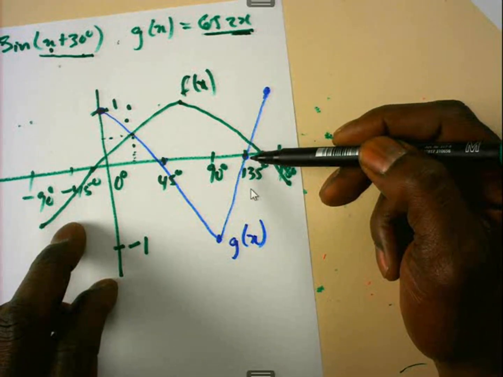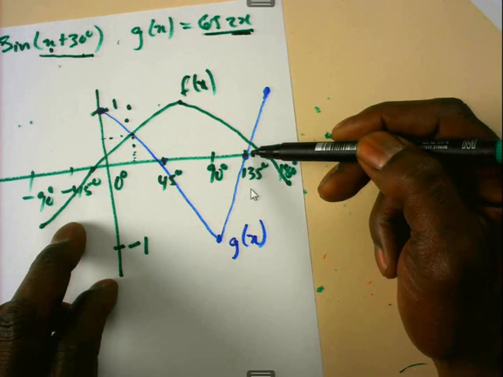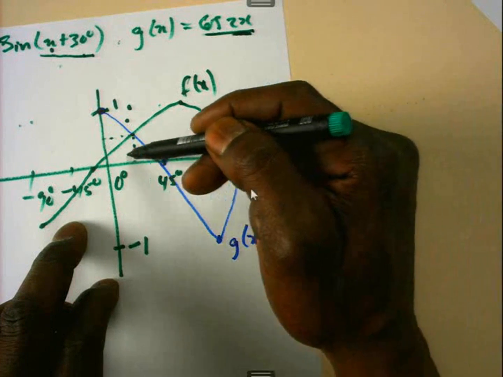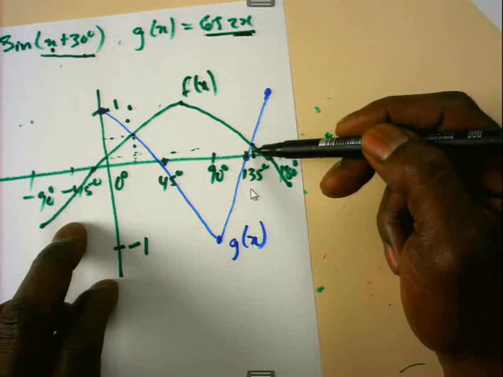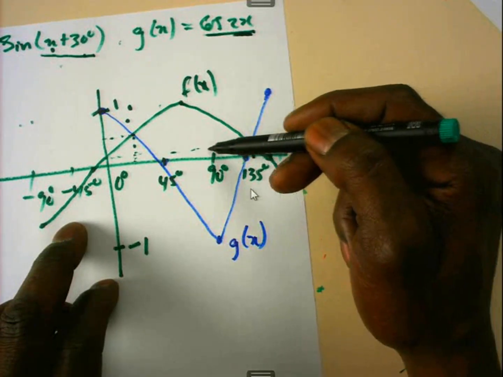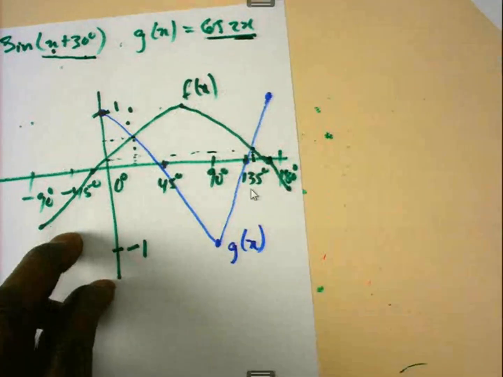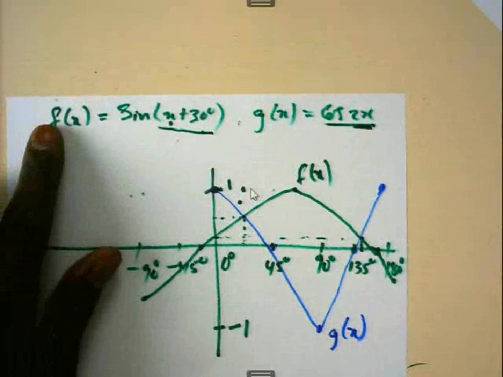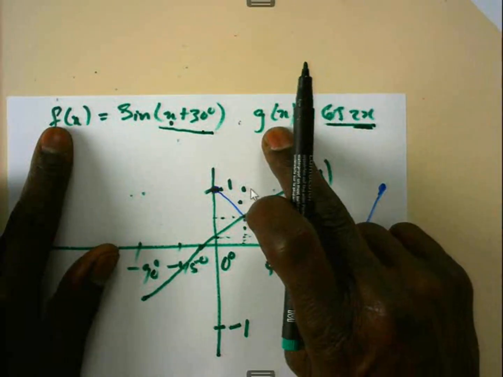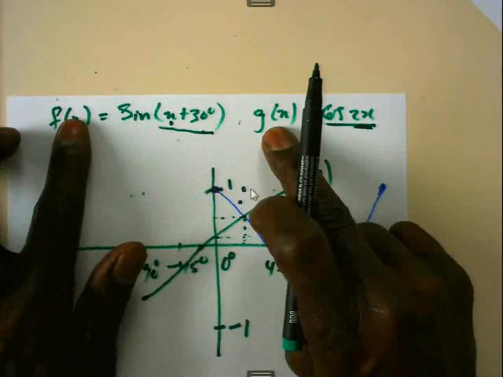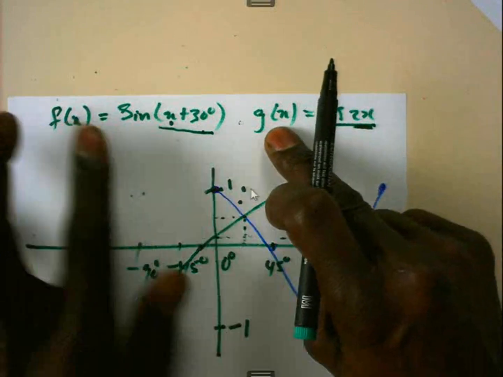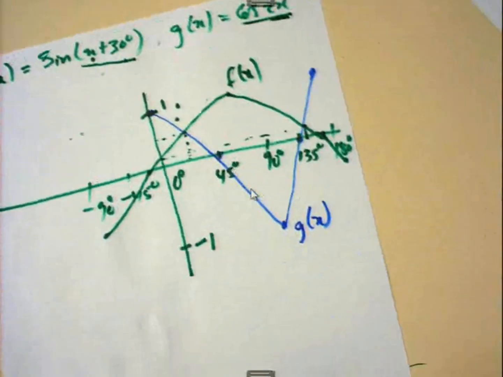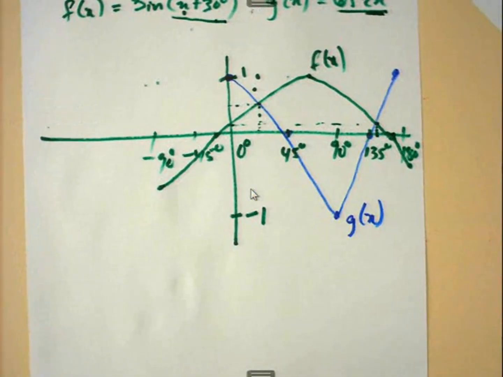Again, this happens here. The y value of the graph of f at that point is that y value, and the y value of the graph of g at that point is the same y value. So if the y values f at x is the same as g at x, the left-hand side is the same as the left-hand side of that. It means the right-hand side must be the same as the right-hand side of that. Now we have made progress.